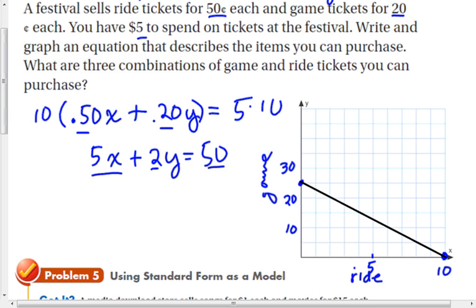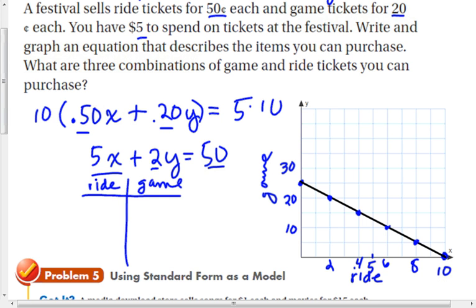And we're asked to give a couple examples here. So, it looks like it's landing right on the grid in these places. So this is 2, 4, 6, 8, and we can just do a couple possibilities. But of course, just write them like this: ride tickets, game tickets.